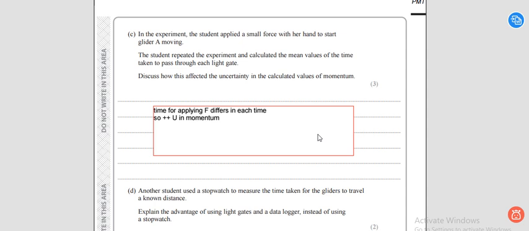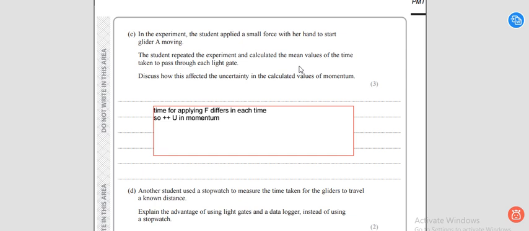So how could applying force by hand each time affect the momentum? Simply, it varies the force each time, or varies the time.